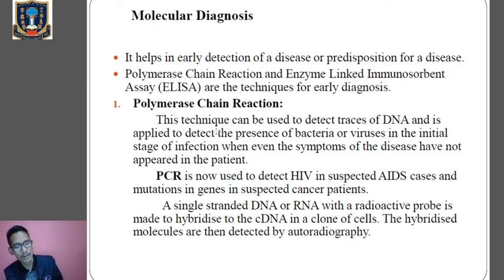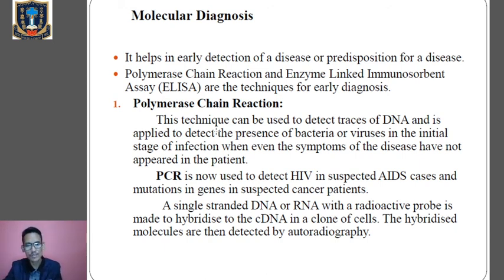Here a single stranded DNA or RNA radioactive probe is made to hybridize to the complementary DNA in a clone of cells, and the hybridized molecules are then detected by autoradiography.